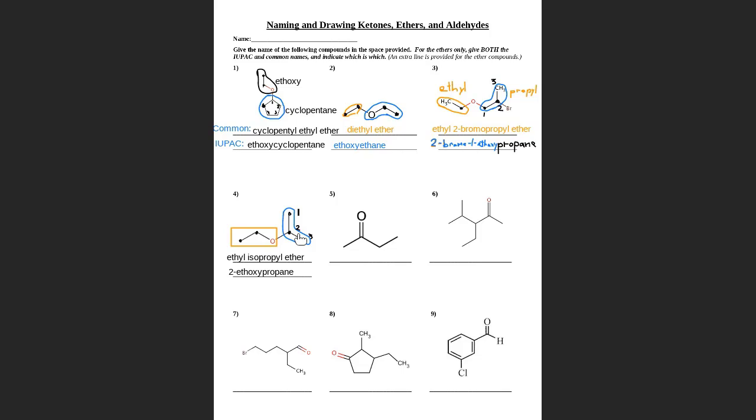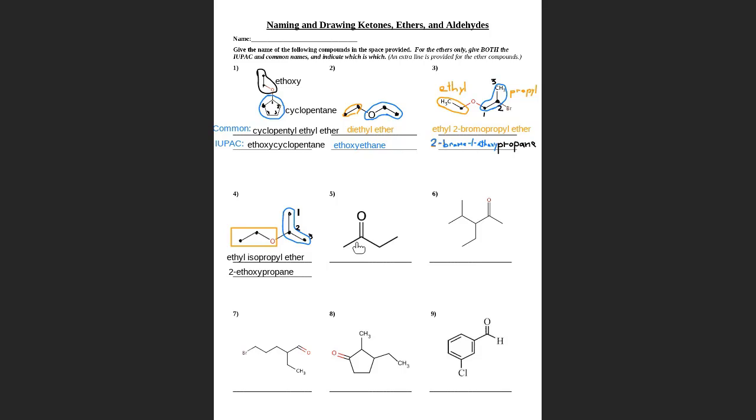In other words, on the number 1 carbon. Since they're both functional groups, you will basically always start numbering from the side that's closer to that functional group, and the functional group has to be part of the longest chain. So essentially, anytime that C double bond O is on carbon number 1, that's an aldehyde. And anytime it's any other carbon, carbon 2, carbon 3, whatever, it is going to be a ketone.